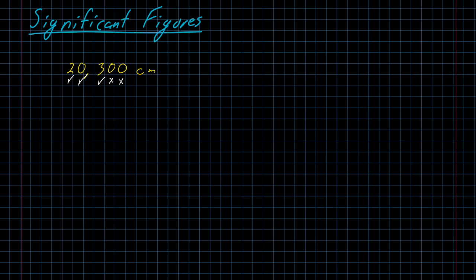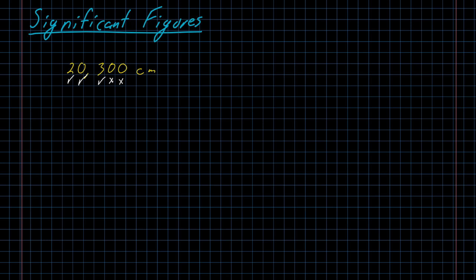The way I like to think about that is, well, maybe we had to round. I've written this down as 20,300 centimeters. But if I only have a tolerance to the nearest 100 centimeters, which is 1 meter, then it's not reasonable for me to talk about those 2 zeros, right?